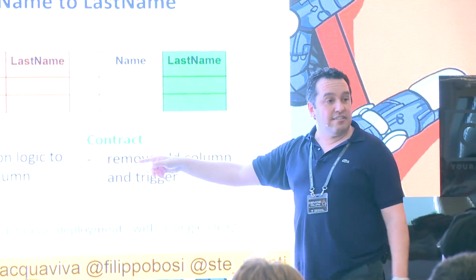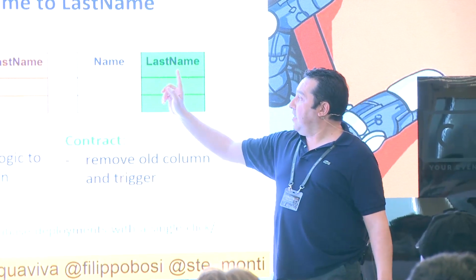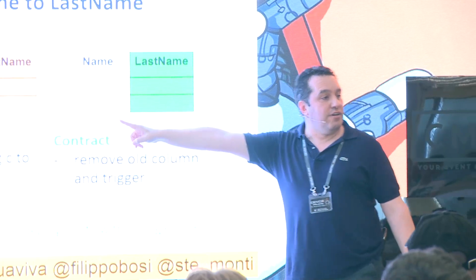And then, third phase, contract: you drop the surname column. Okay? In this way, you ensure that your old version of the application can work with your new database, and your new version of the application will work with the new database with no downtime. Same application, no downtime, modification applied.